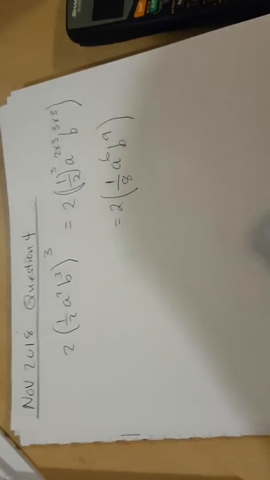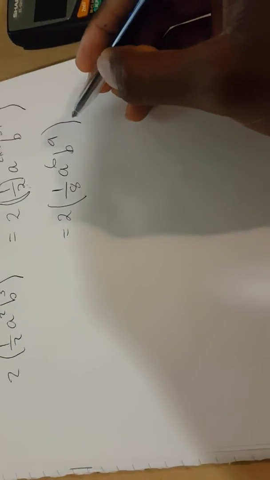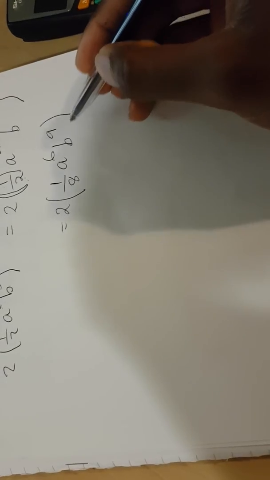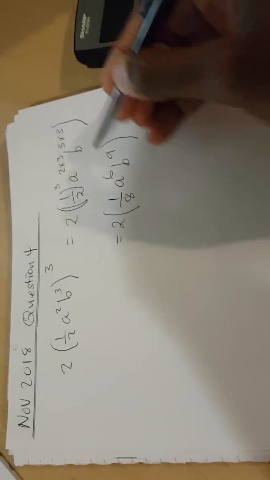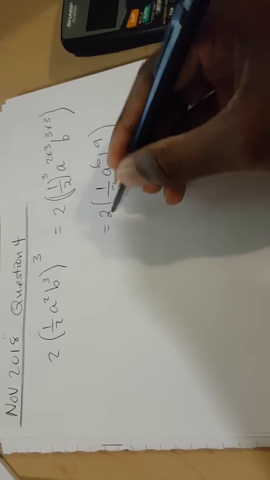That's it. Now that we have simplified what is inside the bracket using the exponents, let's multiply using the outside 2.